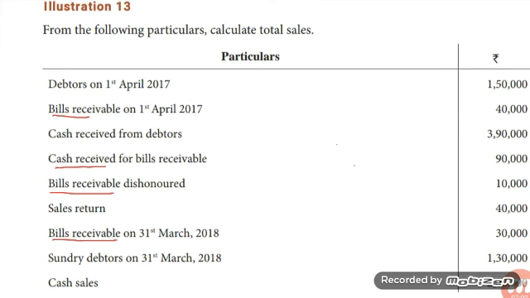On the credit side, items are by cash received 90,000, by debtors in bracket bills receivable dishonored 10,000, and enter the closing balance as by balance carried down 30,000. Now we have entered all transactions in the bills receivable account.